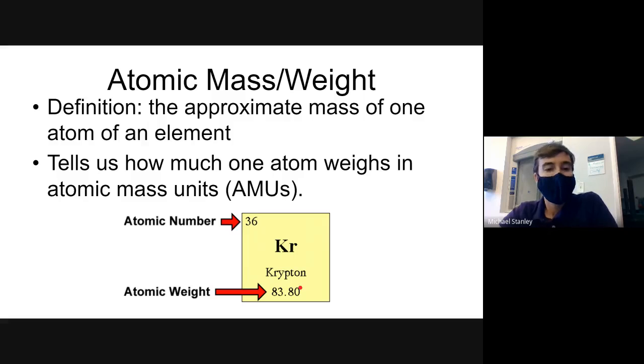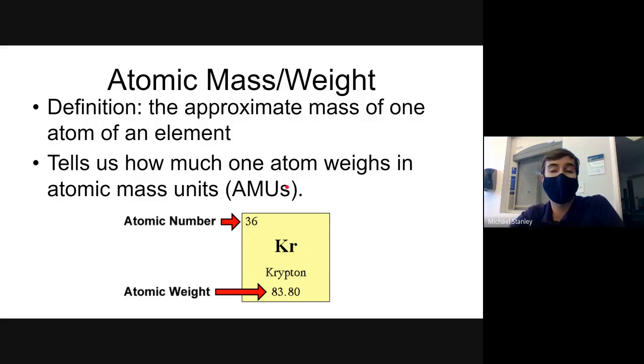And nobody wants to deal with all those zeros when trying to figure out how much atoms weigh. So instead, they came up with a new unit called an atomic mass unit. They basically said, okay, a proton is basically 1 AMU, and a neutron is the same size, so it also is basically 1 AMU. So our atomic weight down here is how much an atom weighs in atomic mass units.